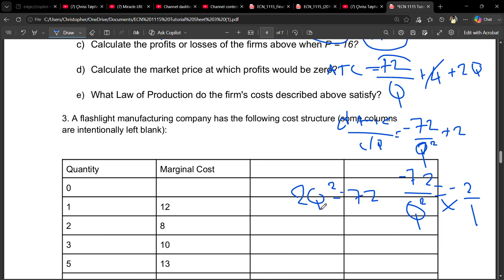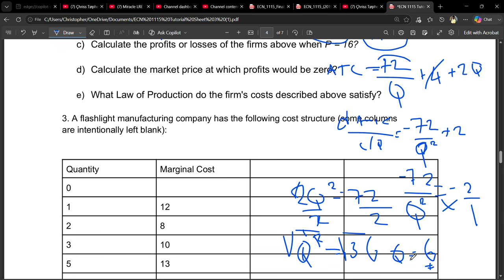Okay, you divide by 2 there, you divide by 2 there. Our quantity squared is going to be 36. Then you bring in the square root to cancel the square. Then our quantity is going to be, what is the square root of 36? It's 6. Okay, so here our answer, the quantity is 6.